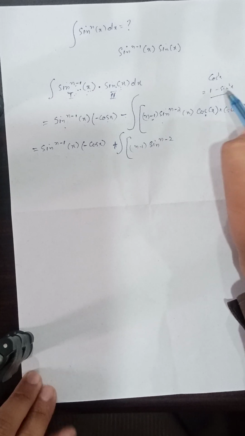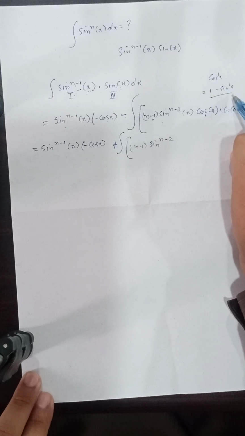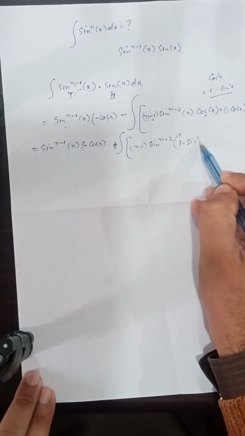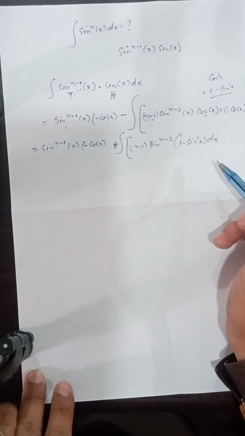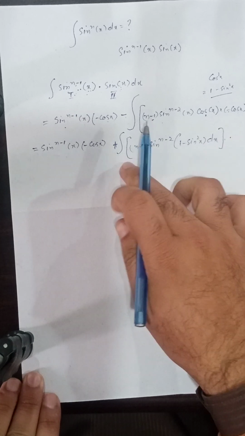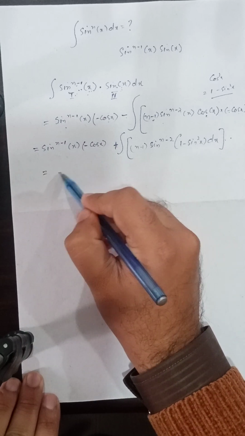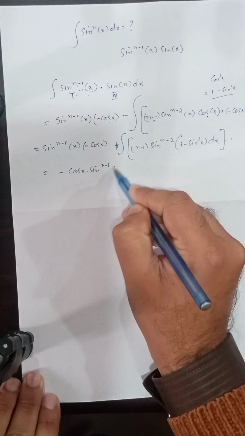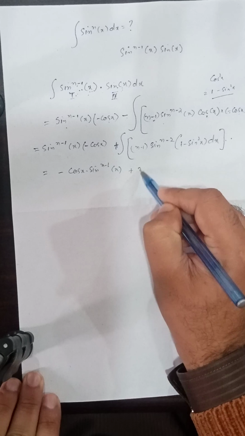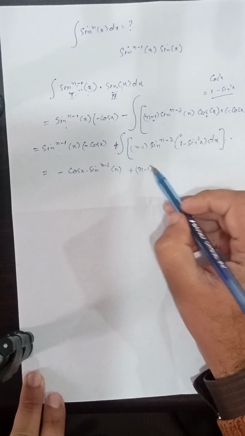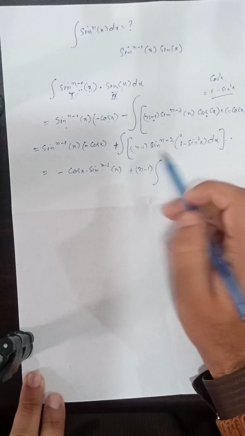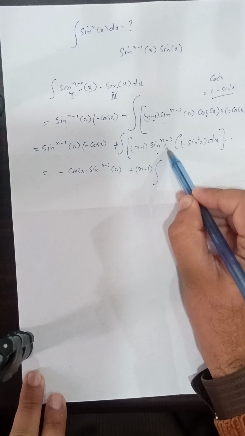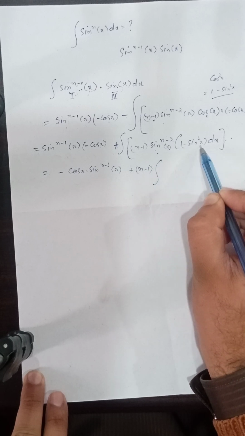So we can substitute the value of cos square x as 1 minus sine square of x with respect to x. Now we will proceed again. So it is equal to minus cos of x with sine power n minus 1 of x plus n minus 1, which is a constant, so it will be out of the integral.